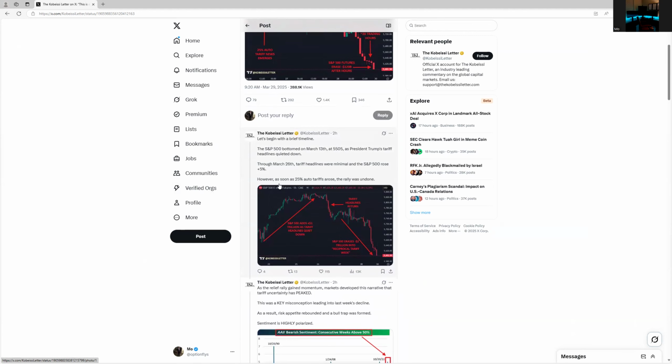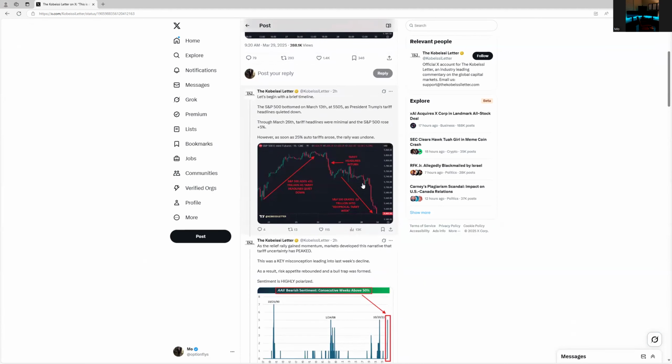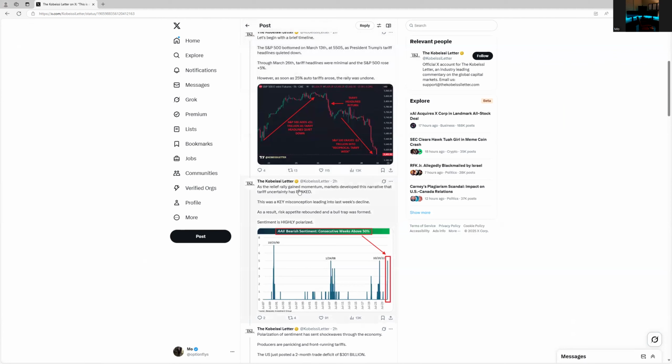However, as soon as the 25% auto tariff arose, the rally was undone. As the relief rally gained momentum, the market developed this narrative that tariff uncertainty had peaked. This was a key misconception leading into last week's decline. As a result, risk appetite rebounded and a bull trap was formed.